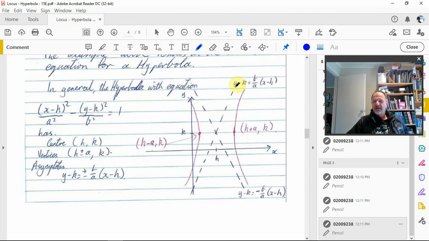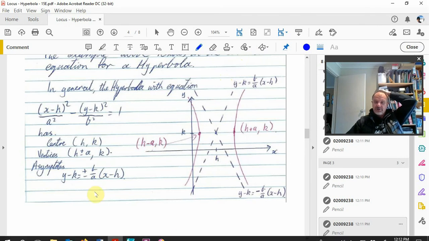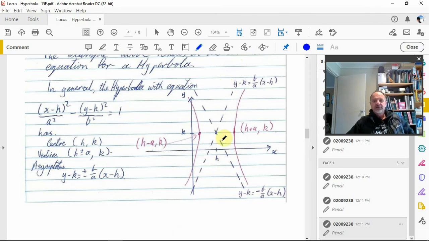And then we've got asymptotes for hyperbola. This is a different type of hyperbola than we've done perhaps in the past. We've done ones that are rectangular where we have asymptotes which are vertical and horizontal. This is a different type, with asymptotes at an angle, and here's their equation.